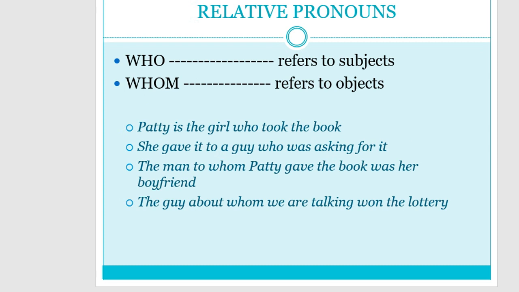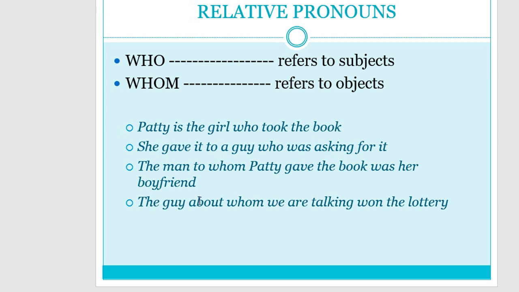Before we move on, we have who for subject and whom for object. The example here, the last one: the guy about whom we are talking won the lottery. Here, whom belongs to the object, the guy, since we are talking about the guy.